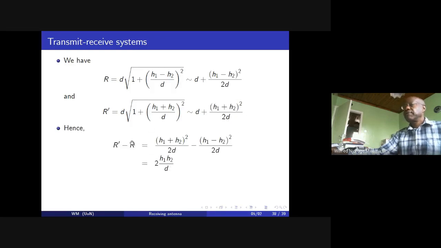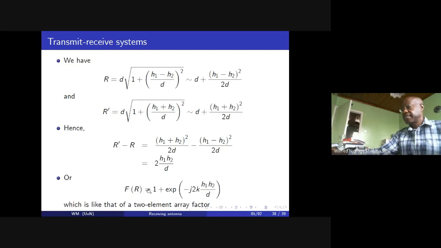Hence, when we do r prime minus r, we get h1 plus h2 all squared by 2d minus h1 minus h2 squared by 2d, and we get a value of twice h1 h2 divided by d.